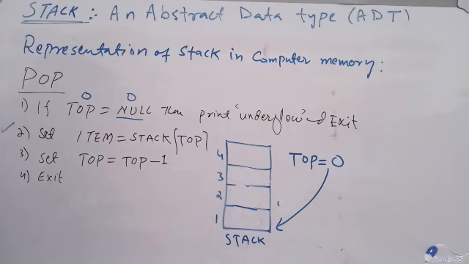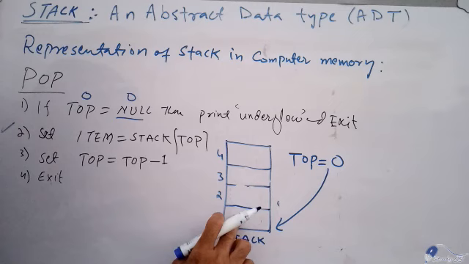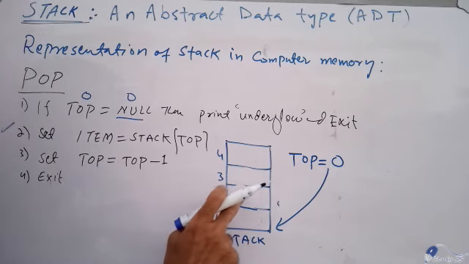So if you want to perform the push operation on the stack, once again it will start from 1. The new element will be inserted at index 1. Similarly, the second element will be inserted at index 2, and so on.